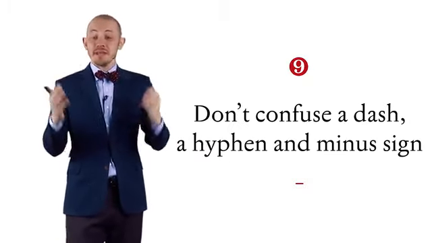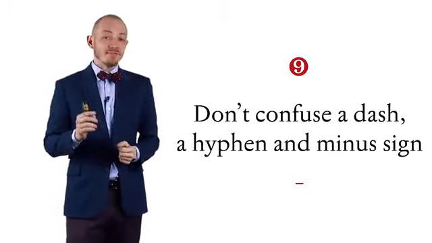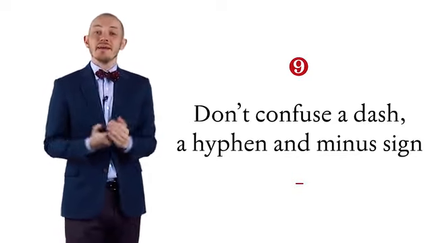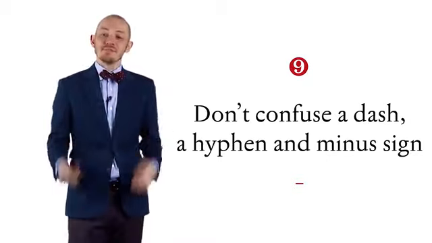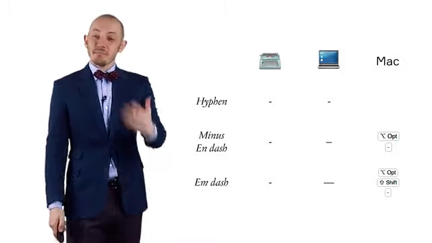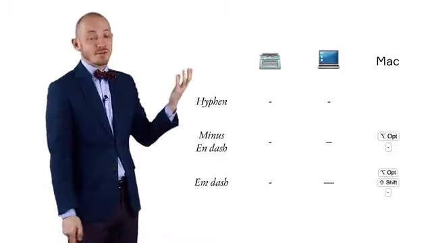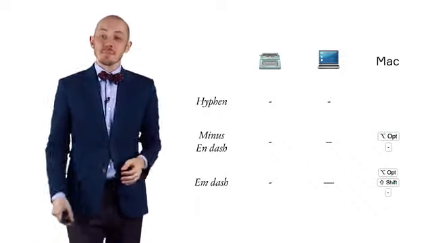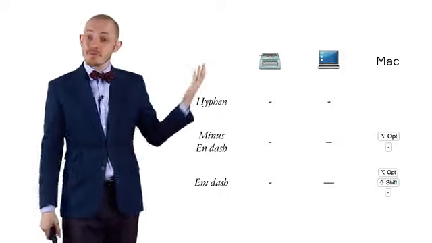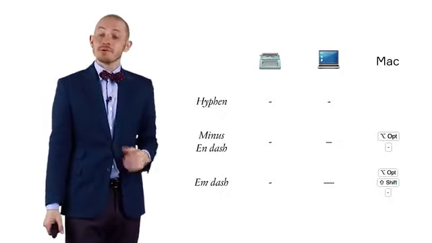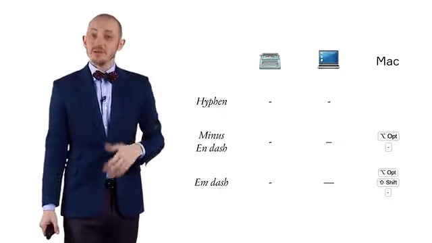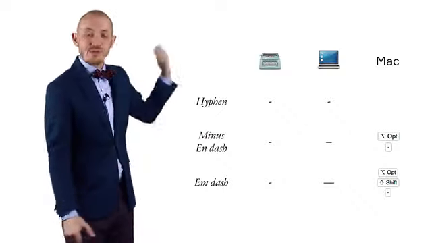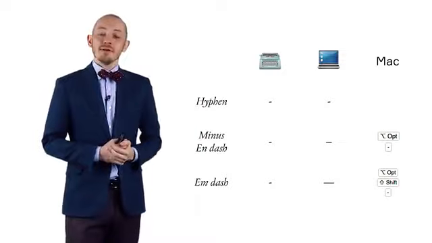And finally, a very small thing, but a very indicative one, I think. Please do not confuse a hyphen and dash and minus sign. I know on a typewriter it was just 1 character because of physical limitations, but on a computer these are 3, sometimes even 4 separate characters. I think you should be using hyphens when you should be using hyphens, and dashes when you should be using dashes.